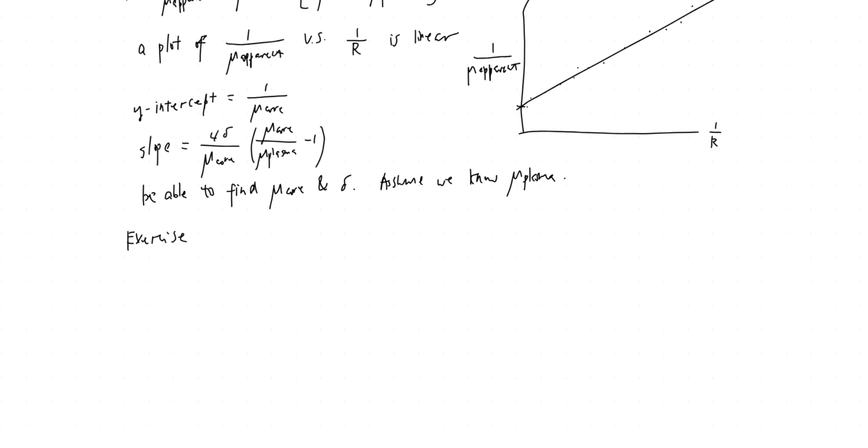Exercise 1: discuss the effect of decreasing R on apparent viscosity from the marginal zone theory.